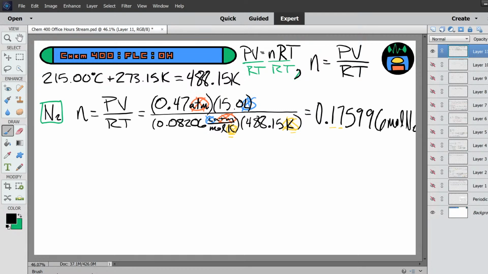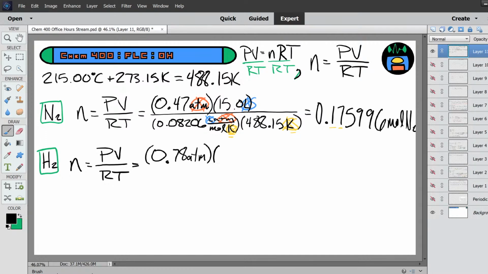For nitrogen, let's do the same calculation for hydrogen. So as we know, moles are equal to pressure times volume over R times T. Our pressure for hydrogen is different. We were told that the pressure of hydrogen is 0.78 atmospheres. Our volume is the same, 15 liters.